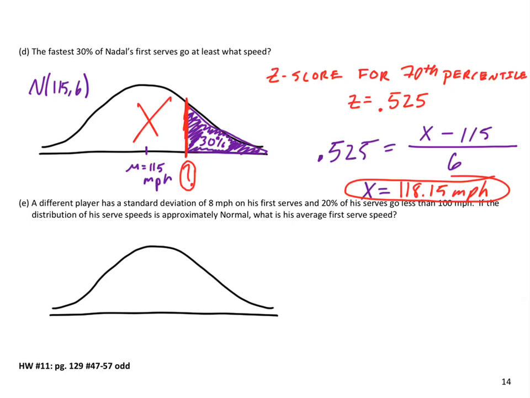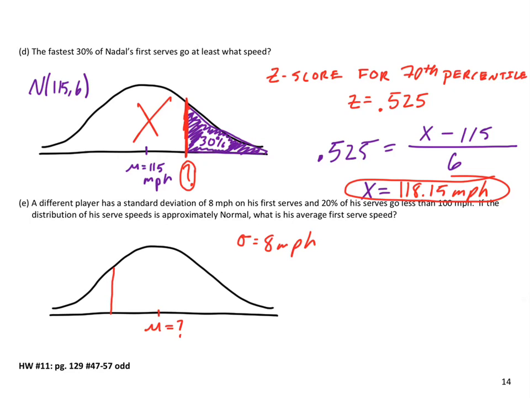So I'll put the mean in the middle, but we don't know what it is. What's the mean equal to? Little mu sign there. I know the standard deviation, that's 8 miles per hour. And then the lower 20%, it's like 100 miles per hour or less. So see if you can come up with that, shade that region, 100 miles per hour or less for that lower 20%.